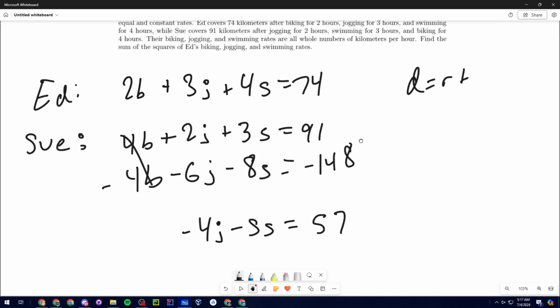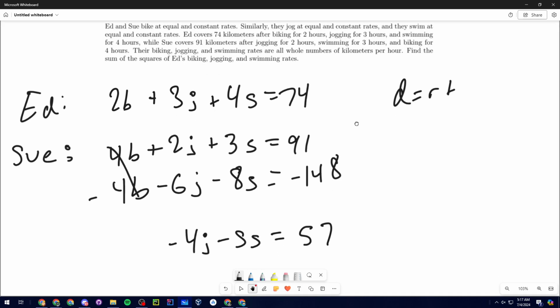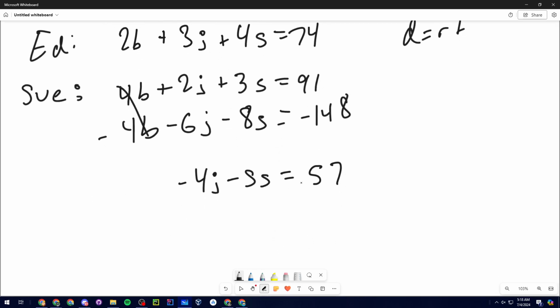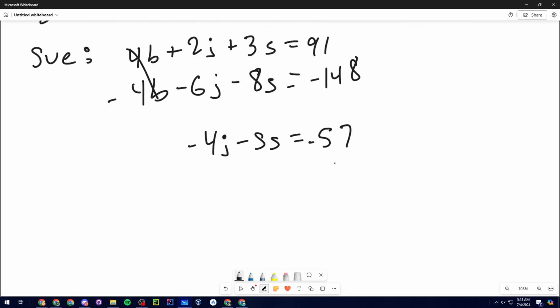Something still feels wrong. Oh, okay, yeah, that's because I forgot the negative. I had a feeling I did something wrong. So, negative 4j minus 5s is equal to negative 57.